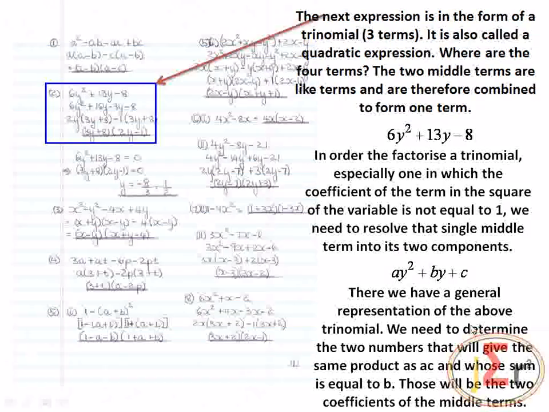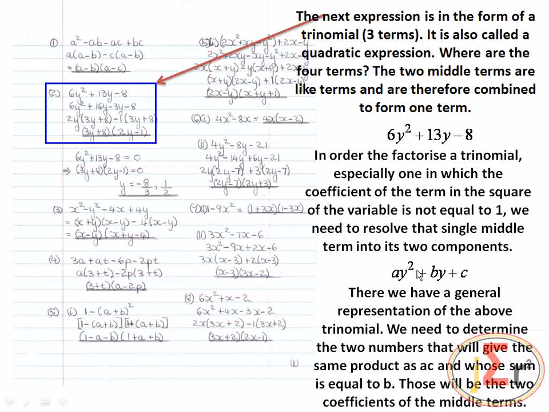And as I said before, we will always allude to this general form, but we will not see the general form occurring throughout the tutorial. So we will always talk about AC, which is multiplying A by C, and we will always make reference to B. But we will not necessarily place the general form there.